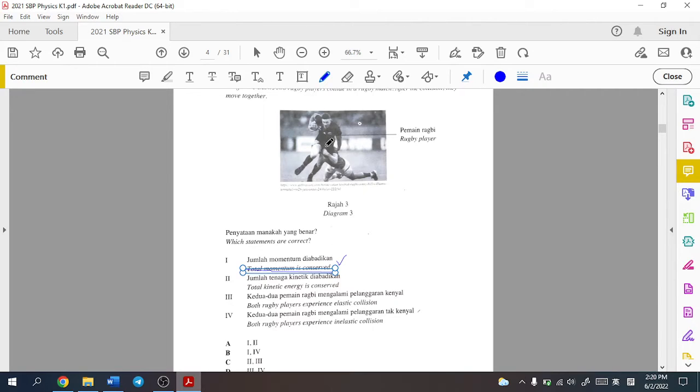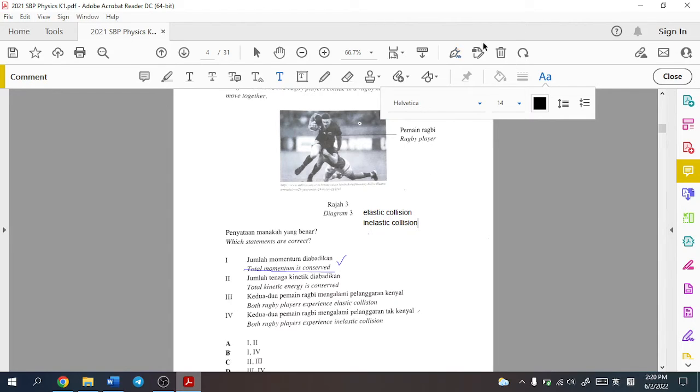We have two types of collision. One is elastic collision, and another type is inelastic collision.